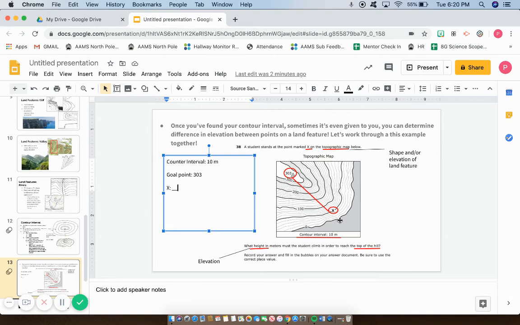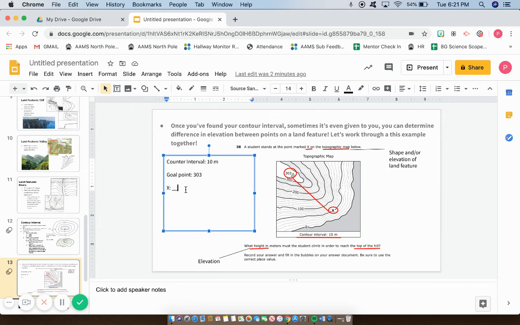So we don't count the first one, and we go up 10, 20, 30, 40, and 50. Or we can count the lines 1, 2, 3, 4, 5, and multiply the number of lines by our contour interval. 5 times 10 gets us 50.